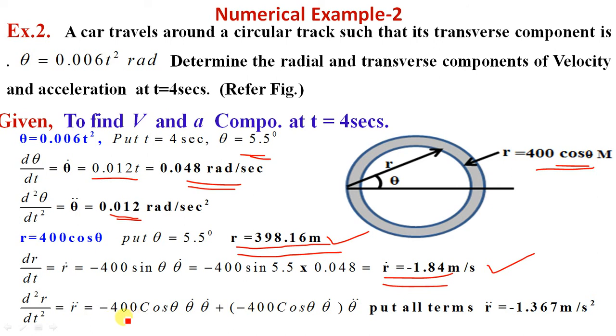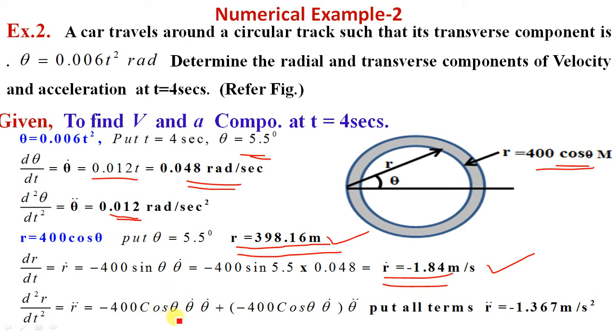that is minus 400 cos θ, θ dot into θ dot, plus, since θ dot is constant, we just have to differentiate this equation.